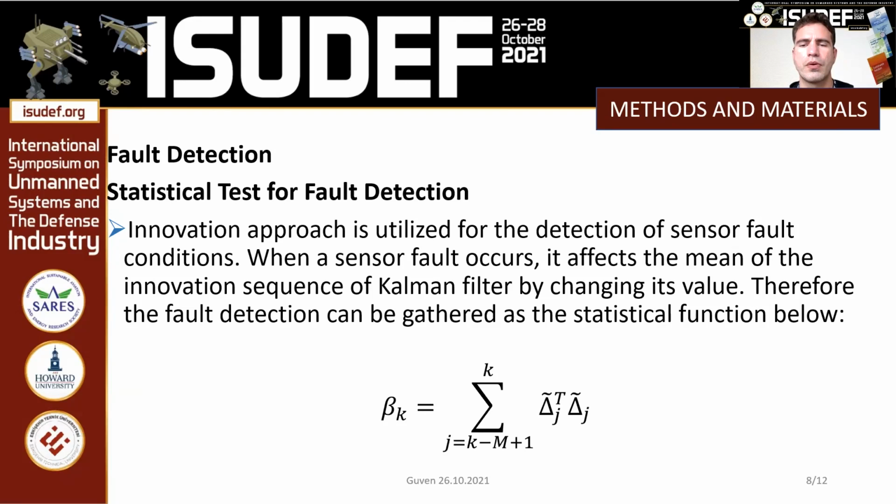When a sensor fault is seen on the system, it affects the mean of the innovation sequence of the Kalman filter by changing its value. Therefore, this statistical function gets extraordinary values.